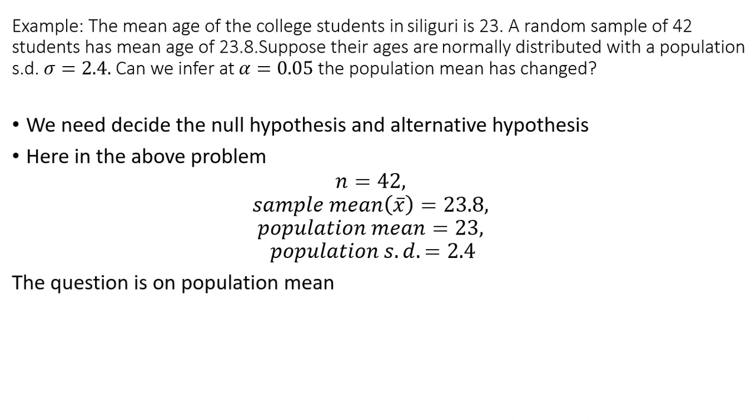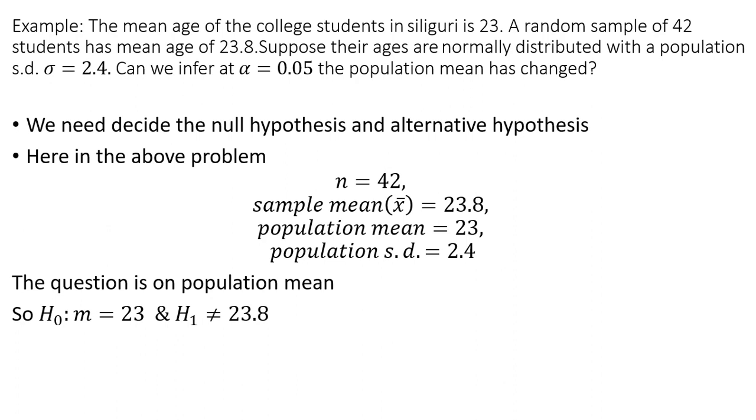The question is on the population mean, as I already told you, and look at the last line. Can we infer at alpha equal to 0.05 that the population mean has changed? So we should decide what your H0 and H1 will be. H0 will be m equal to 23. That is your population mean.